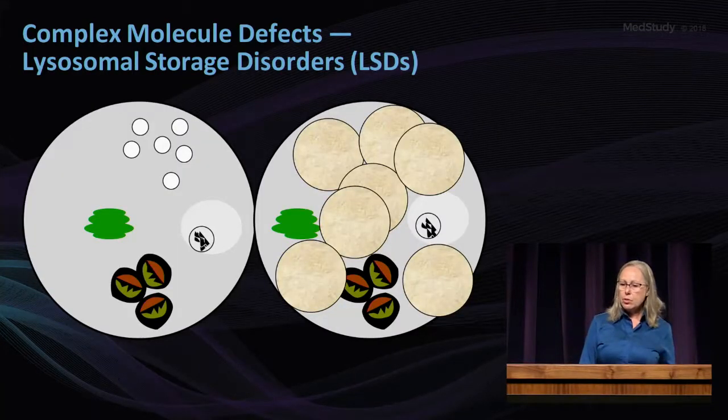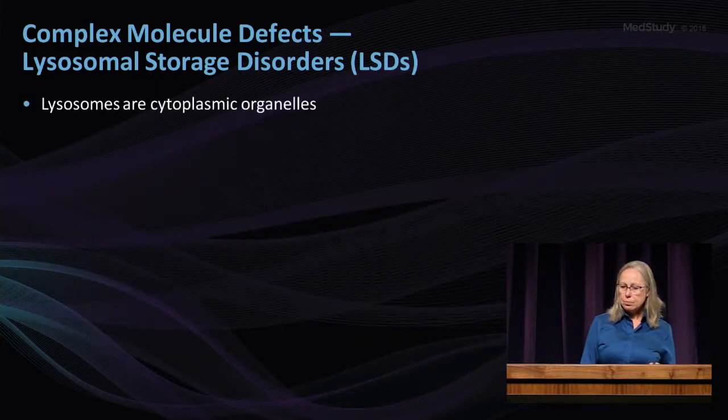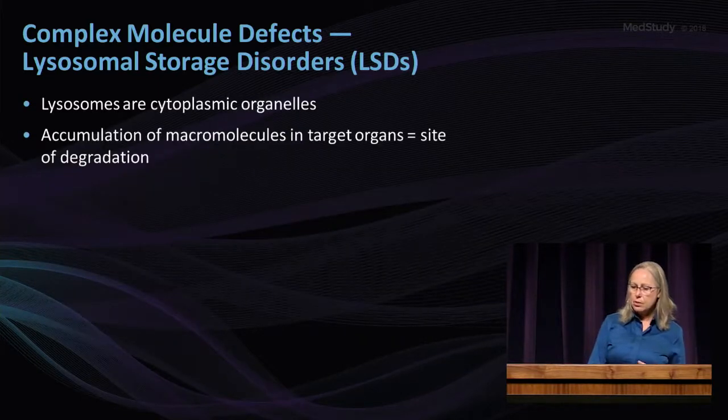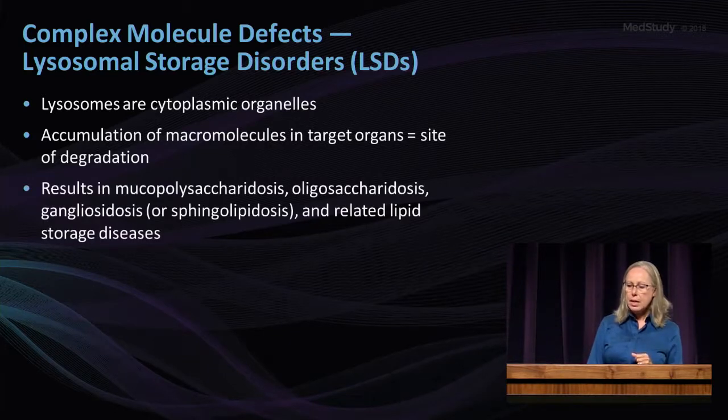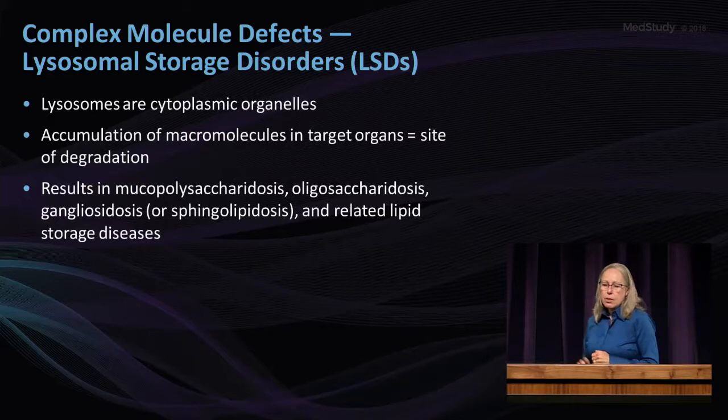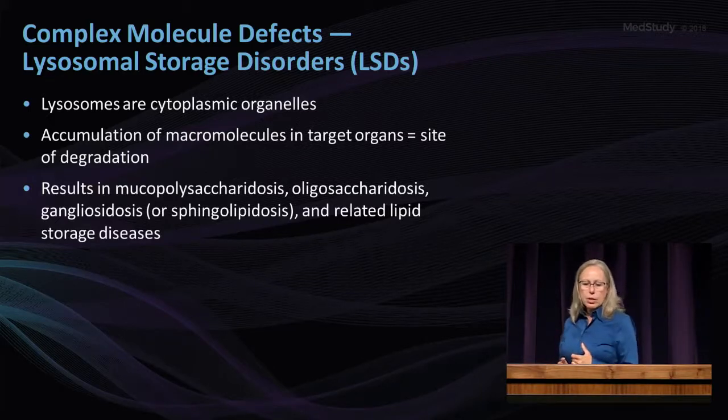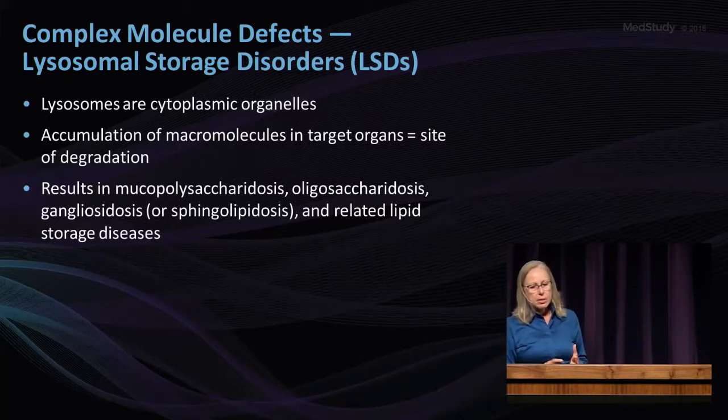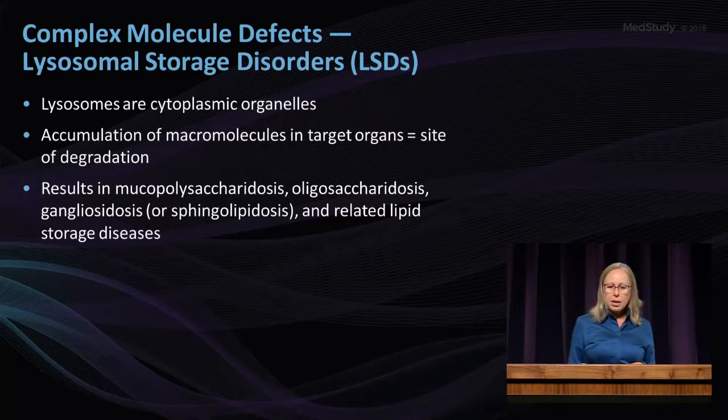So we'll start with the lysosomal storage disorders. The lysosomes are organelles where we break down different large molecules. And so if you can't do that, the lysosomes become big and bulky. The primary molecules that are in there are your mucopolysaccharides, oligosaccharides, gangliosides or sphingolipidoses, and then the related lipid storage diseases.